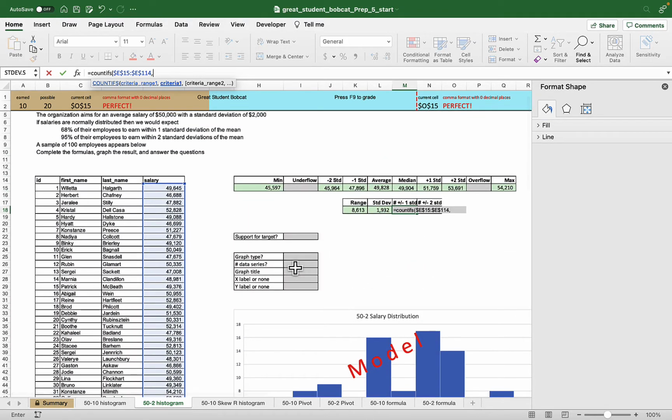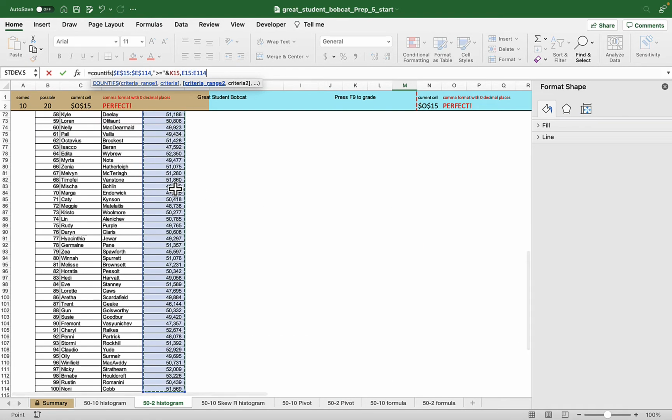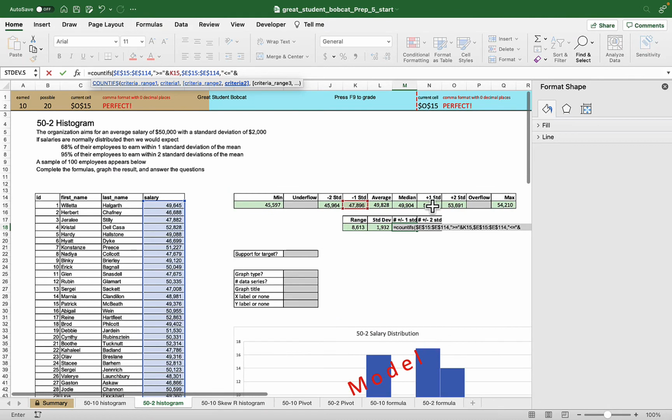And this is the greater than or equal to, ampersand, the lower bound of one standard deviation, and then same range, is less than or equal to the upper value.